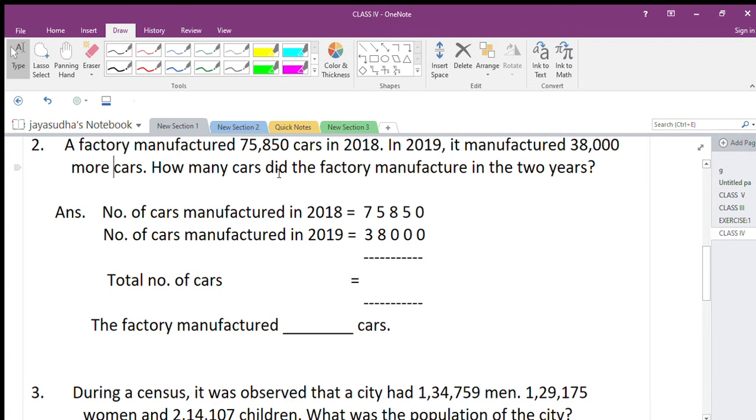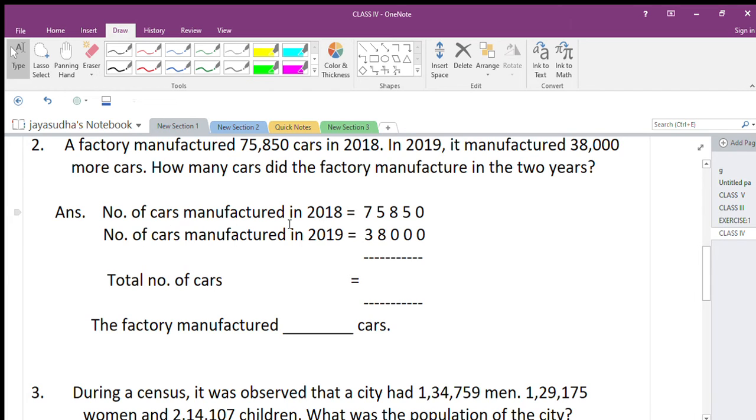So how many cars did the factory manufacture in the 2 years? In 2 years, the total number of cars manufactured, you want to count it. Asking how many means you have to add the numbers. Okay. So listen here. Number of cars manufactured in 2018.